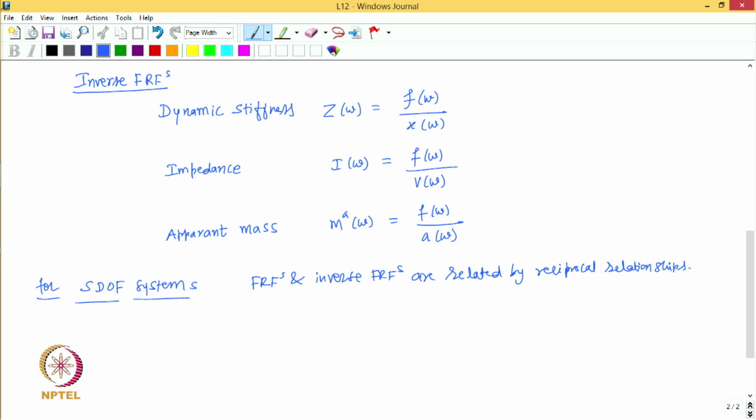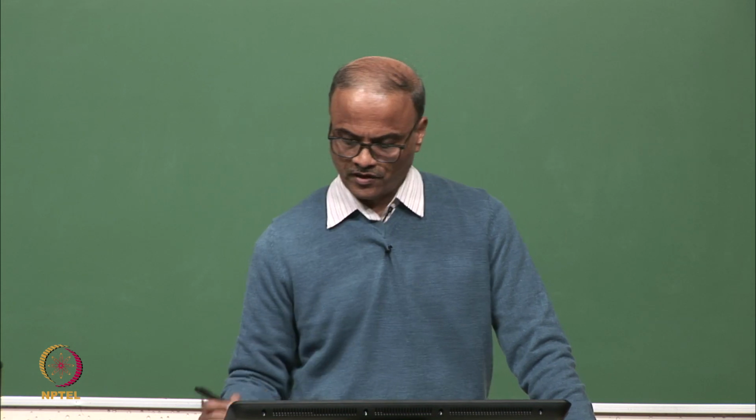Therefore, if I want to know the dynamic stiffness, I can determine the dynamic stiffness Z omega as the reciprocal of the receptance. Similarly, if I have the information about the mobility, I can determine the impedance as the reciprocal of the mobility. However, this reciprocal relationship will not be valid for a multi-degree of freedom system. That is something we will study in the next lecture.